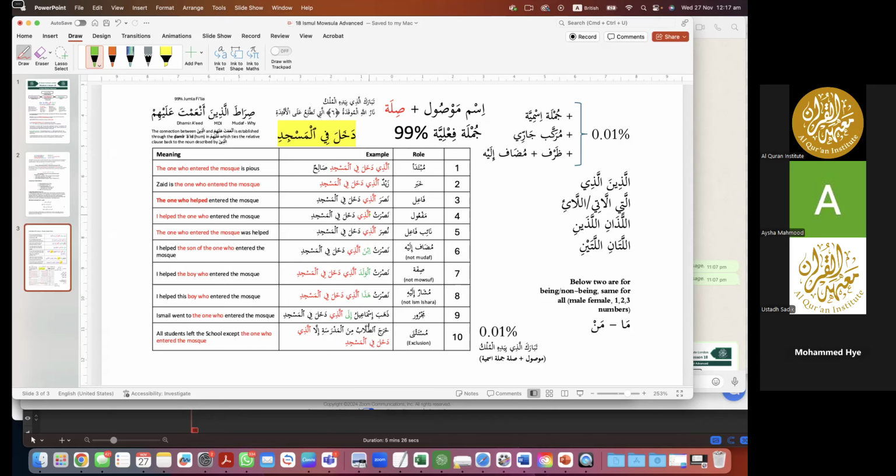All the examples we gave you earlier are 100% Silatul Mawsul, Jumlatul Fi'liya. It is interesting: only 99.99%, and 0.01% is Jumlatul Ismiya, and we'll give you that example as well.